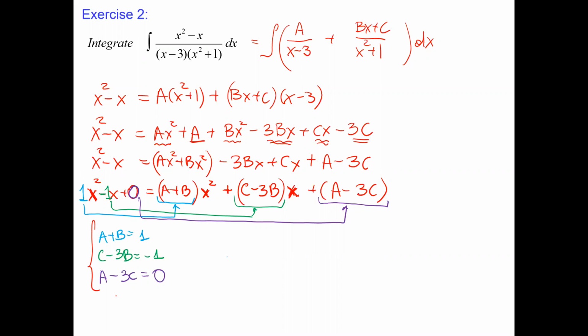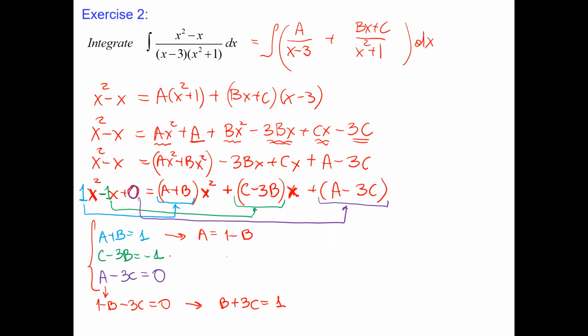I can solve this one for A: 1 minus B. Then 1 minus B minus 3C equals 0. From this equation, we can say that B plus 3C equals 1.